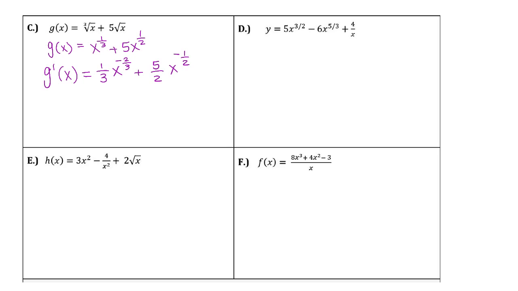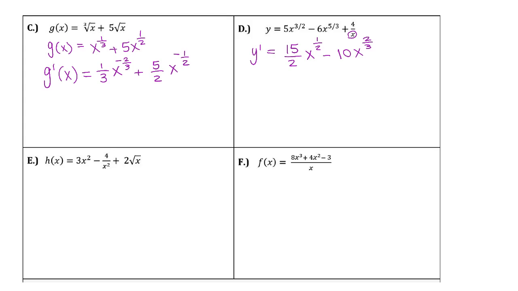All right, so let's look at part D. We have y prime equals 15 over 2 x to what power? 1/2 minus, what about this next term? 6 times 5 over 3 is really what? 10. X to the what? 2/3.